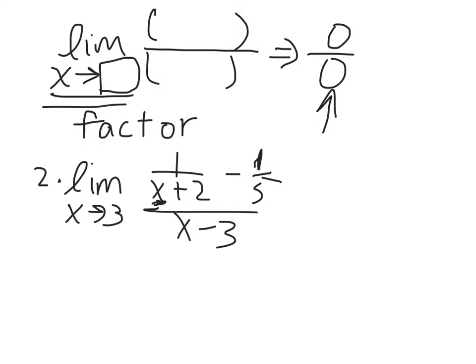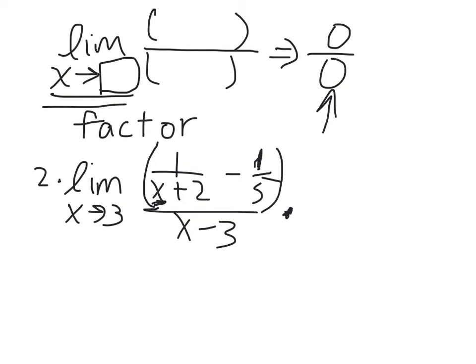Now, when we're looking at a complex fraction like this, the numerator has fractions in it. Sometimes the denominator will also have fractions in it. There are different ways to do this, but the kind of quickest way, maybe not the easiest, but that'll depend on your own personal preference.